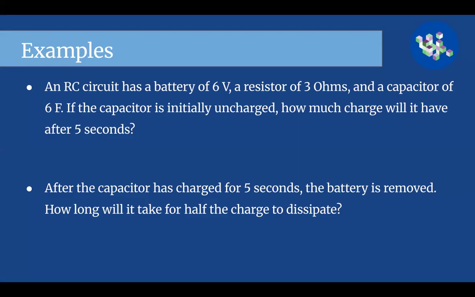Yeah, I think we can go over this. We have our function q of t equals C epsilon naught times 1 minus e to the negative t over RC. So we can simply plug in our numbers. 6 times 6 times 1 minus e to the negative 5, it's after 5 seconds, divided by RC, which is 6 times 3 is 18.